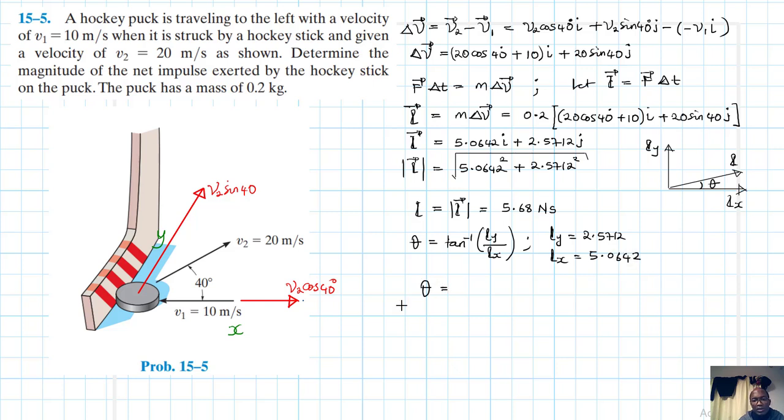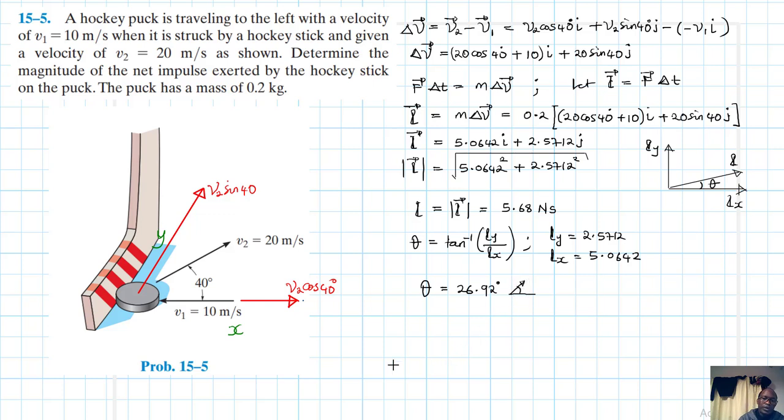Therefore theta is tan inverse of 2.5712 divided by 5.0642, which gives an angle of 26.92 degrees, and this angle is like so.